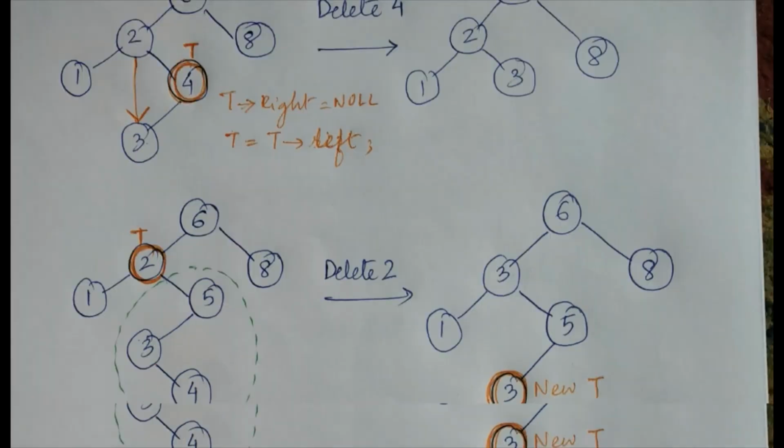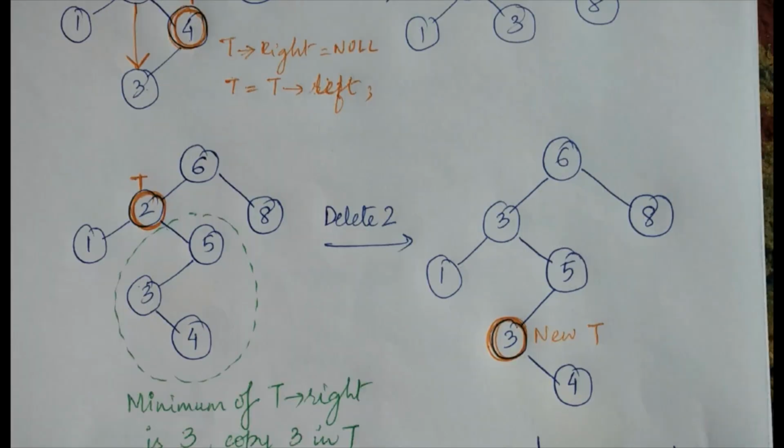So for example, here, what is the minimum of 5, 3 and 4? It is 3. If I take 3 here, just for now, 5 will still be greater than 3, and this will satisfy the binary search tree property. We'll see later how we manage this here, but for now we copy the value 3 here.